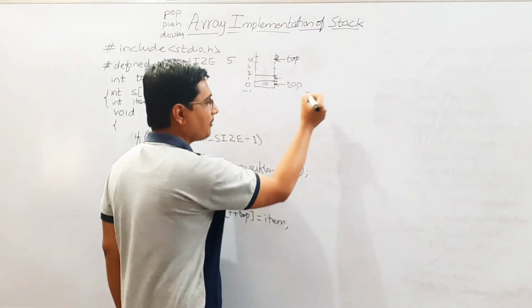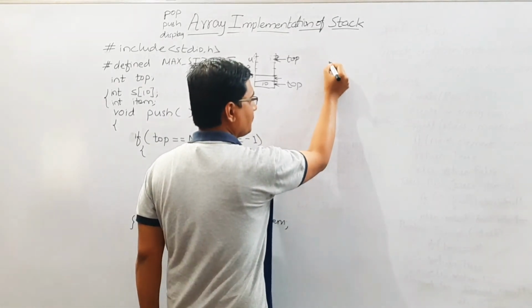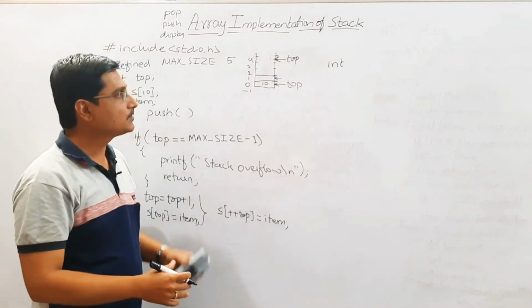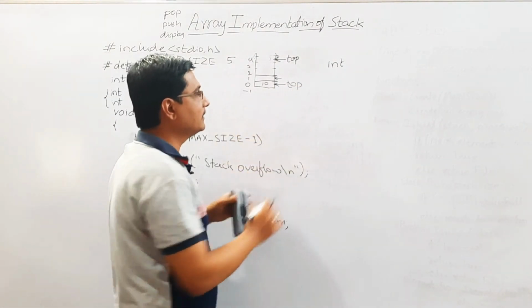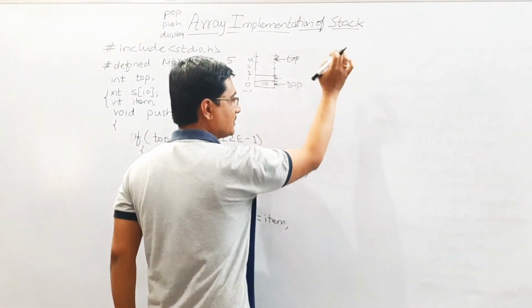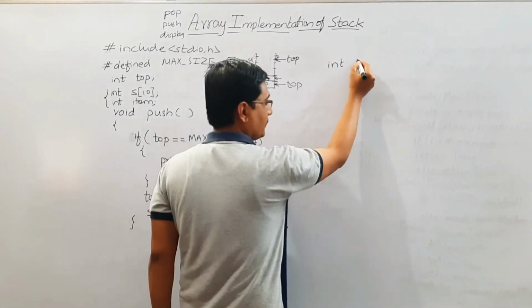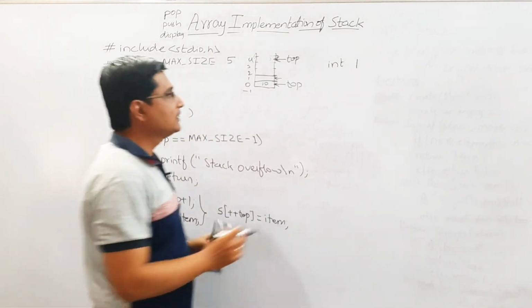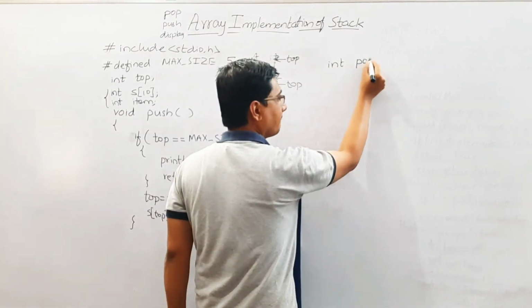Let me go for the pop operation. When I am popping, I have to return the element which is removed from the stack. So I will take the data type of this function pop as integer, because I am implementing a stack of integers. So int pop.